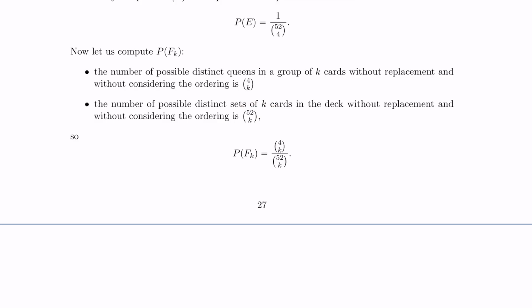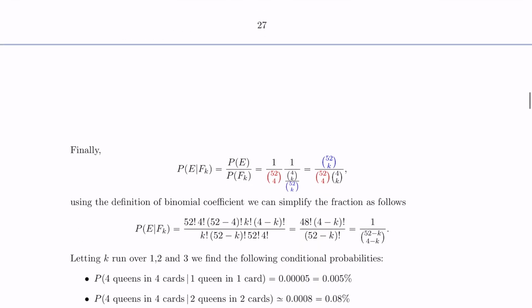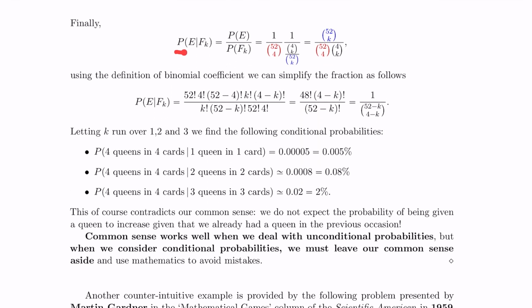As a consequence, the probability of the events Fk is the fraction between the previous binomial coefficients.